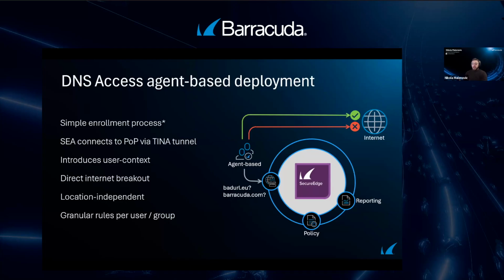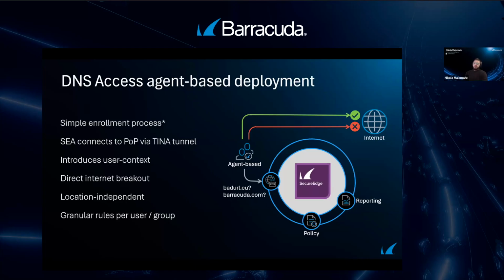And then again, as with agentless deployments, based on the configured policies, the access will be either granted or not. And if the access is granted, the agent will break out locally. So for both agentless and agent-based deployments, the agent will always break out locally.